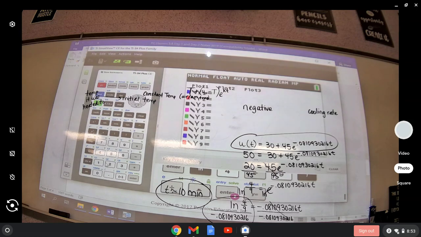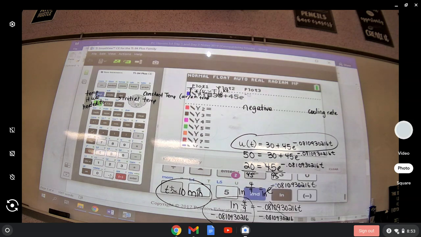We're plugging in 30 plus 45 times e to the negative 0.081093 0216, and you got to use X for T. All right, and hit enter.